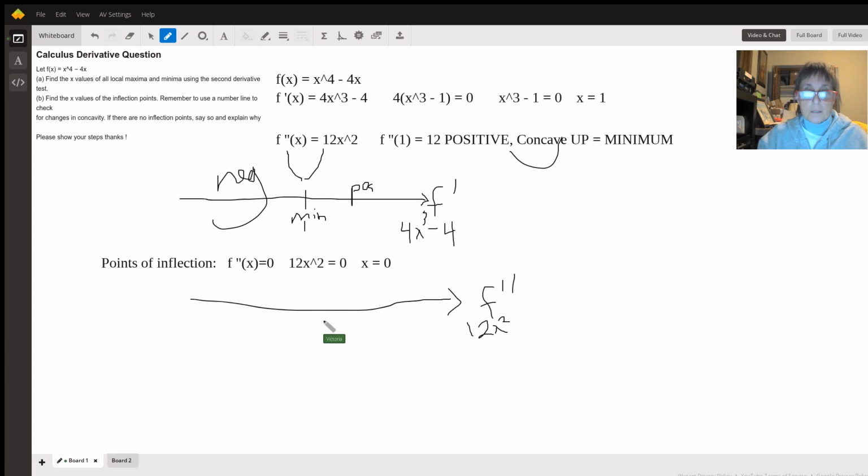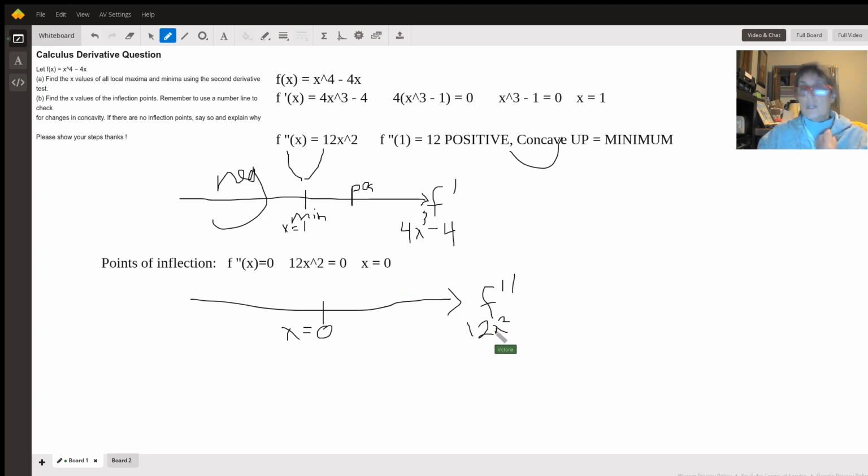I'm going to plot 0 here. This is x equals 1 on this one, because that's where I found that I would have a minimum or a maximum. This is going to be x equals 0, because this is where the second derivative is 0, and I might find a point of inflection.